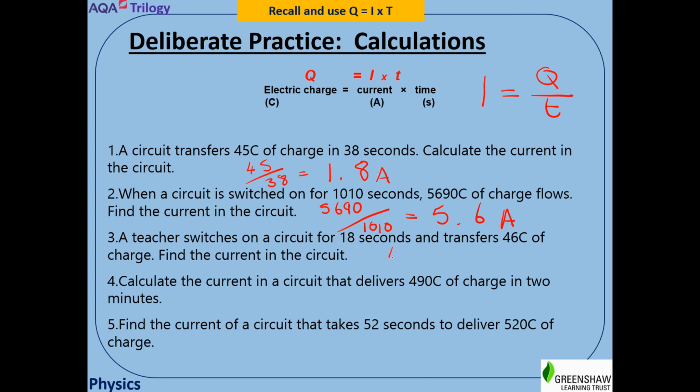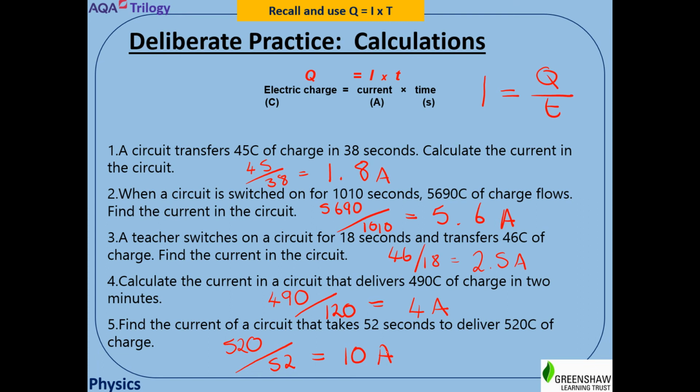Here we've got 46 divided by 18, 2.5 amps. Here we've got 490 divided by 2 minutes, so we must convert that to 120 seconds. And there, that is 4 amps. Find the current at 520 divided by 52 equals 10 amps.